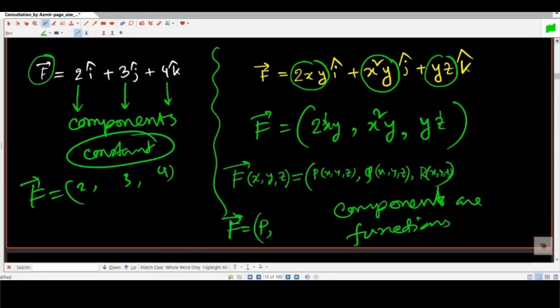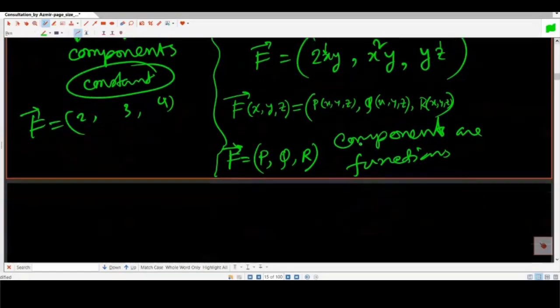So this function f is a vector function where p, q, and r are the components which are also functions. So we can easily understand the difference between this vector and this vector. Here f is a vector where the components are constant, but here we have the components as function. So this is the example of a function of three input variables.